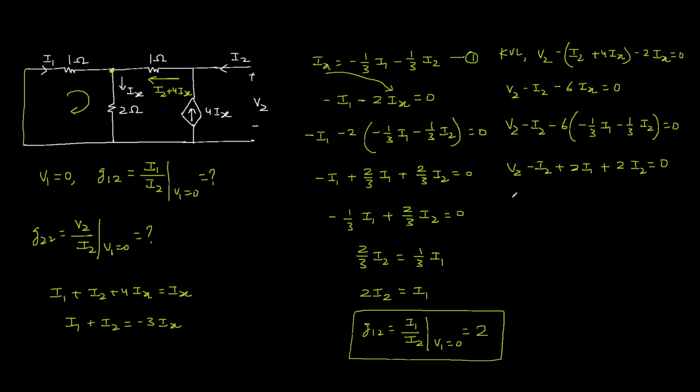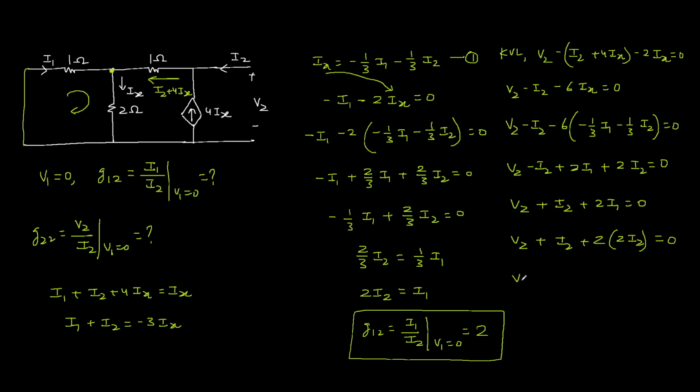So V2, 2 minus 1 is plus 1 I2, then plus 2 I1. Now what is I1? I1 is 2 I2. We have replaced I1 with 2 I2 from the earlier equation into this one.